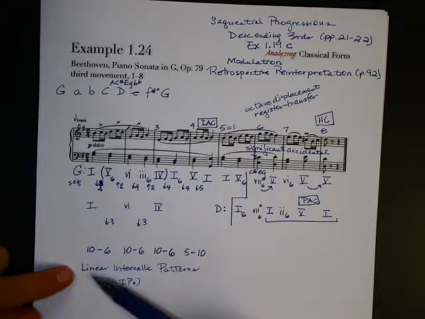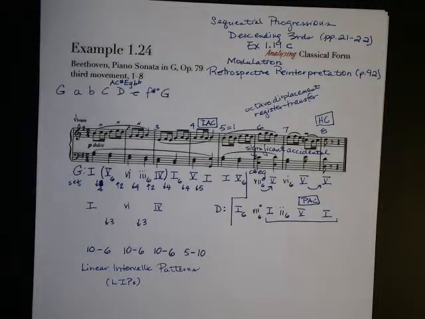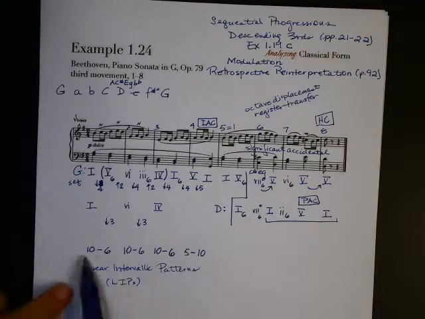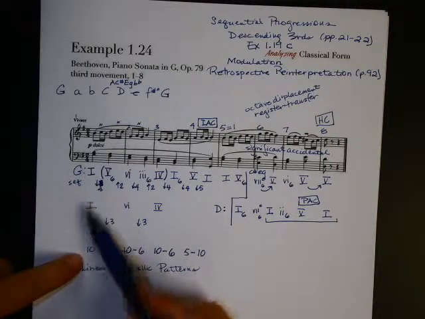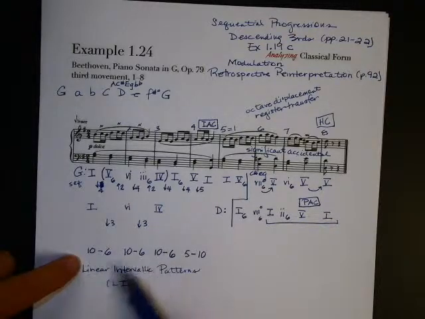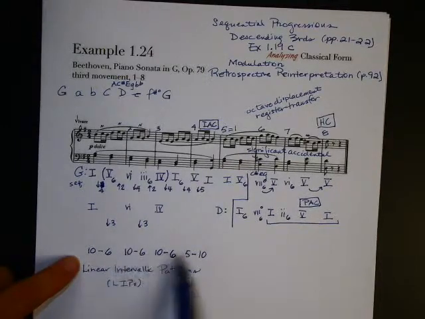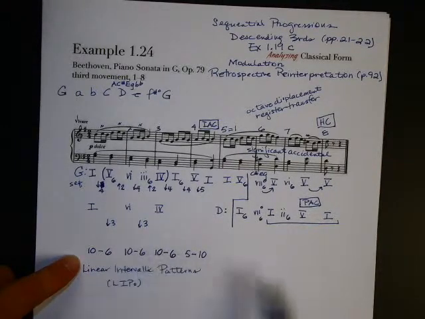Kaplan doesn't use this term, and in fact he in the textbook does not label the interval between the outer voices that are the featured characteristics of sequential progressions. I like to label the interval between the lowest voice and typically the highest voice that create the linear intervallic pattern because it's very obvious to see when you start having recurring numbers. A little bit easier to see than just with the Roman numerals.